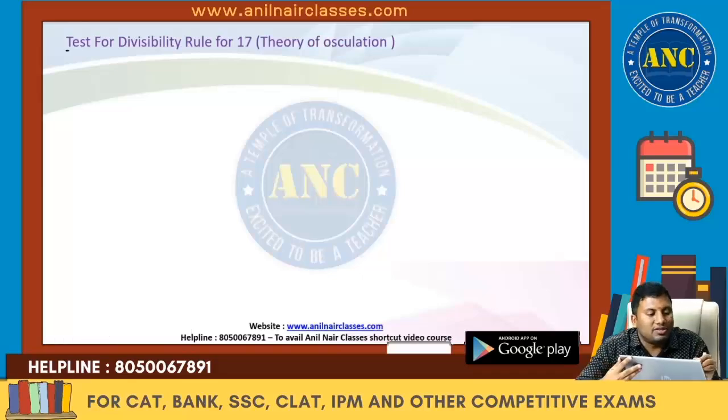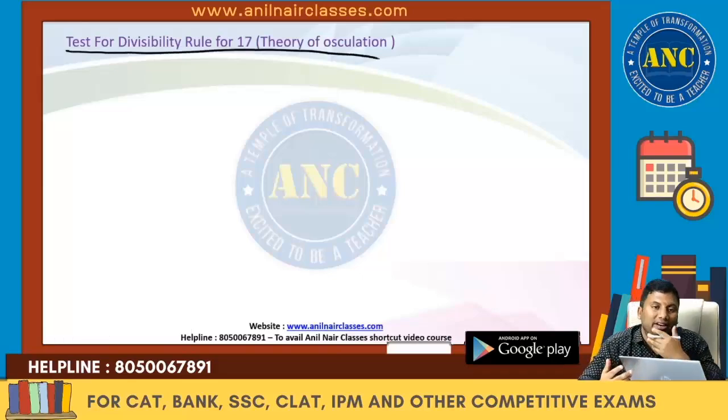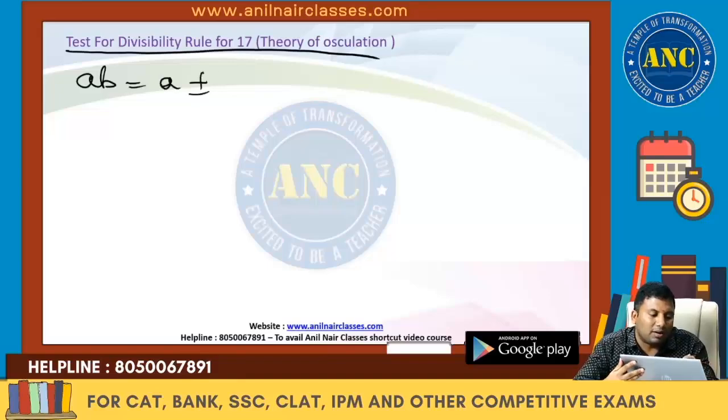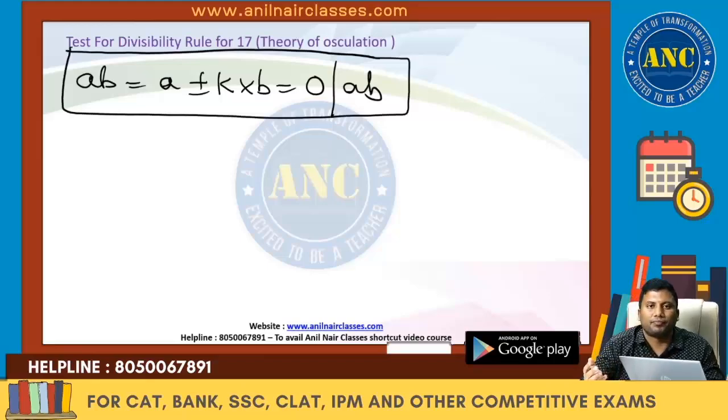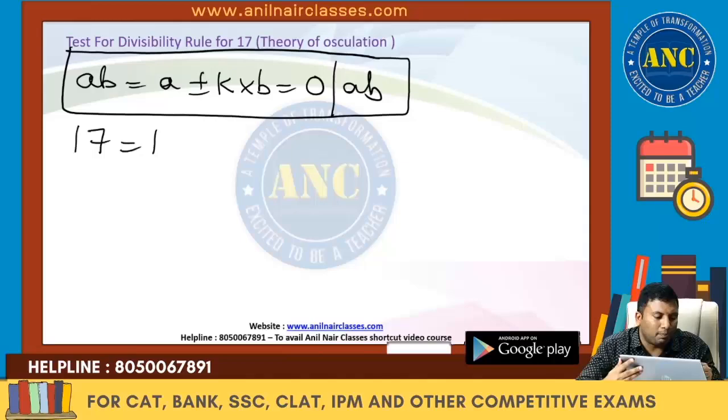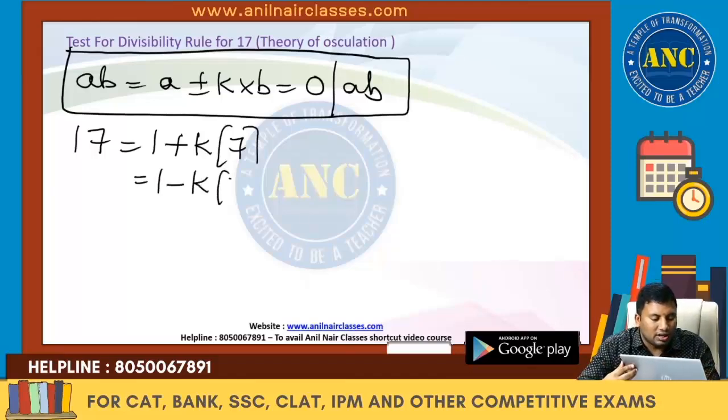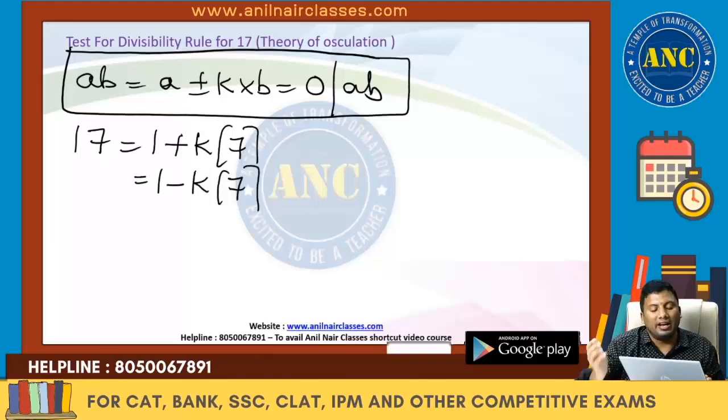Next one, divisibility rule for 17. Theory of oscillation: a plus or minus k into b should be either 0 or a multiple of 17. 17 is 1 plus k into 7, or it can be 1 minus k into 7.